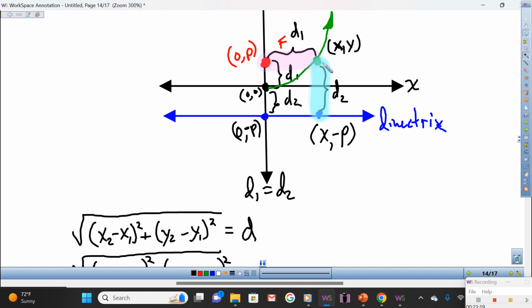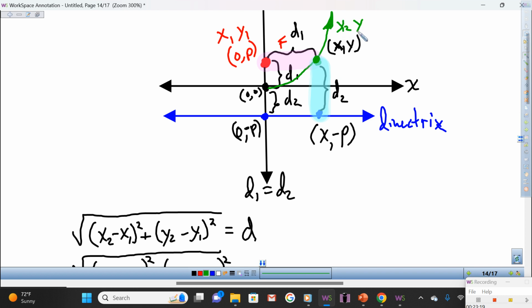Look up to the screen. We're here. What was my first point? This one. So let's label this one in red, x sub 1, y sub 1. So that means if I'm looking at this distance, I have another point right here, which is the one in green. What can I label that one, guys?